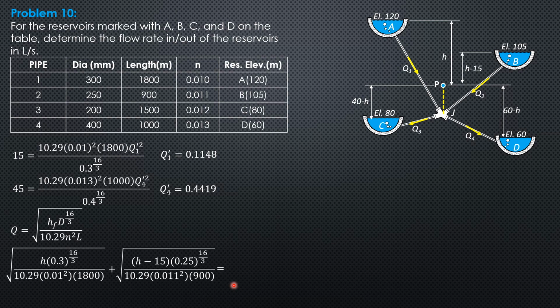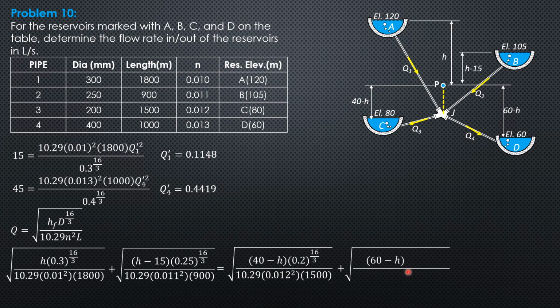Then equals square root of quantity 40 minus H, 0.2 to the 16 thirds over 10.29, 0.012 square, 1500, plus square root of 60 minus H times 0.4 to the 16 thirds over 10.29, 0.013 square, then 1000.